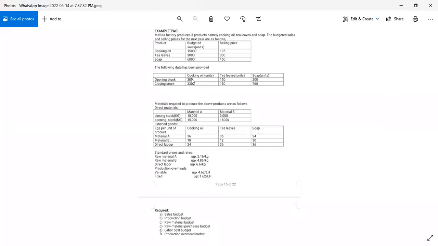The opening stock for cooking oil is 300 and closing is 300. Then tea leaves 150, 150.